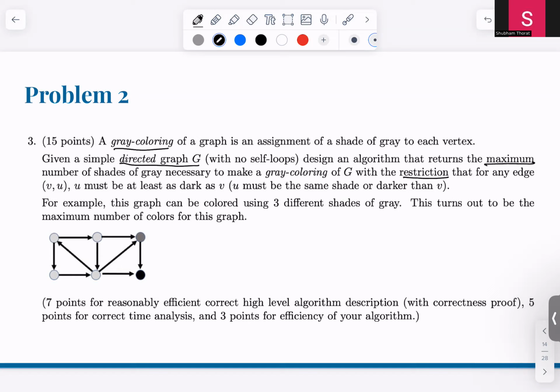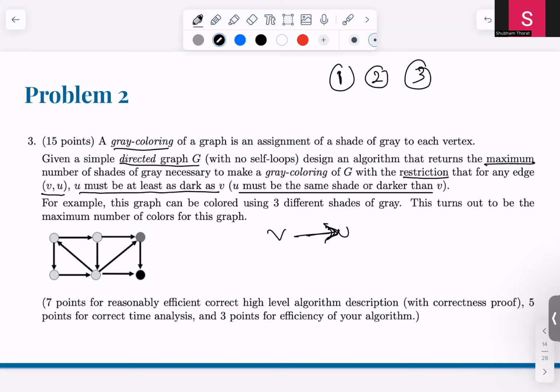For any edge VU, U must be at least as dark as V. That means if you have an edge directed from V to U, U must be the same shade as V or darker. Let's say we are defining our shades with numbers, 1, with 2 being darker than 1, 3 being darker than 2 and 1.